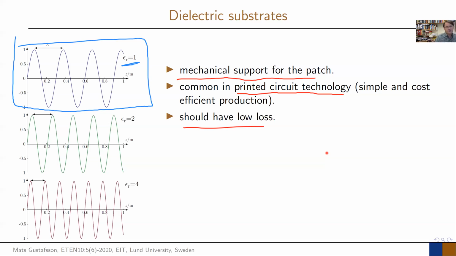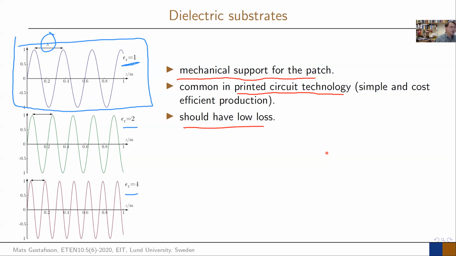They differ in the 5th or 6th digit. So we can say vacuum or air is the same, epsilon r equal to 1. And this is the case where you have a simple relationship between your lambda and the speed of light in vacuum.